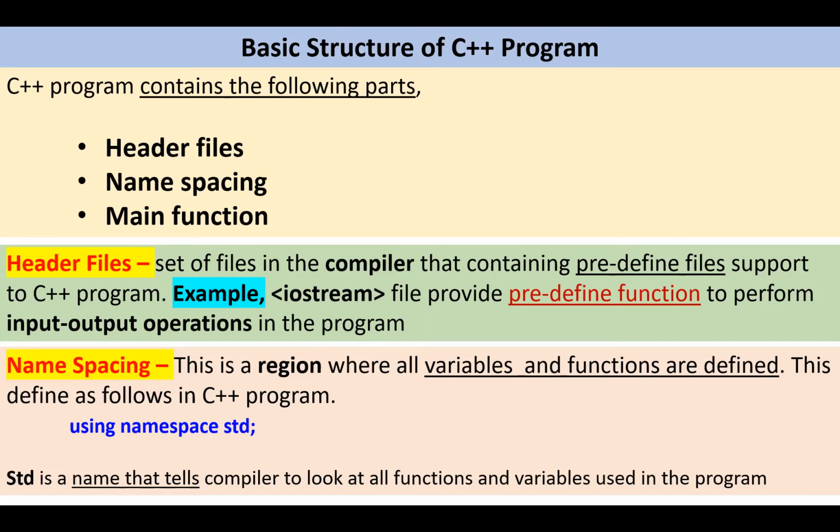Similarly, without assigning a namespace, you can't do a C++ program in our compiler. Right, here: using namespace std. std is the namespace type variable. Through this variable, you refer to the variables and functions. That last statement is also important.